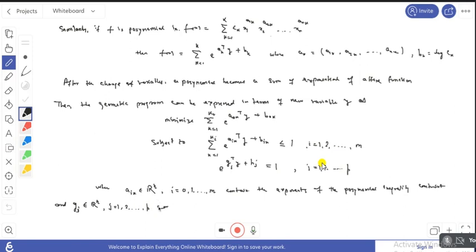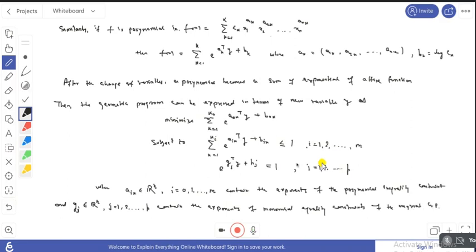So this contains the exponents of the monomial equality constraints of the original geometric program.